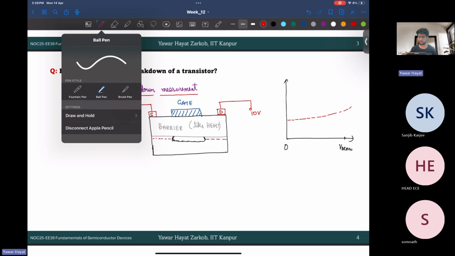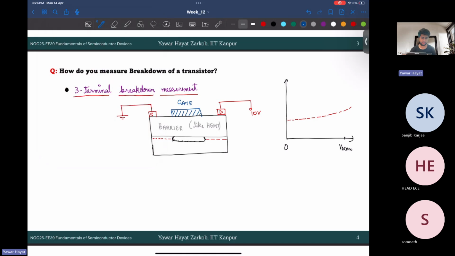We also measure this I gate. I gate would be this. So this is I gate, this is I drain.